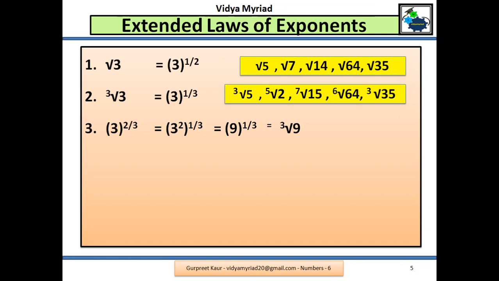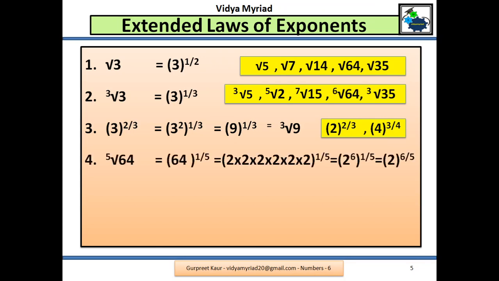So 9 in bracket raised to power 1 by 3. And I told you what is 1 by 3? The cube root. The 3 will be written outside the root and the number inside. So your answer becomes 3 root 9. Like I have written here 2 raised to power 2 by 3, 4 raised to power 3 by 4, just converted into the root form for practice.